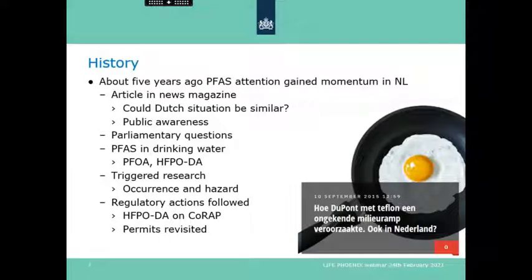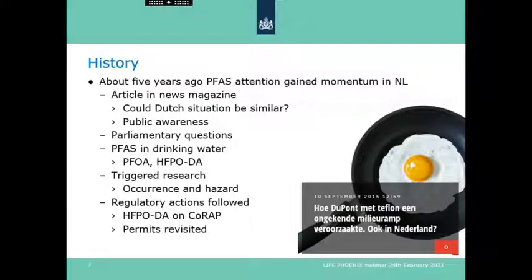I think this all started about 5 years ago when there was an article in a news magazine which was summarizing the situation in the United States with the production facilities over there, and asked whether or not this could be similar for the Dutch production facility. And that was, I think, at the end of 2015, and this raised a lot of public awareness.